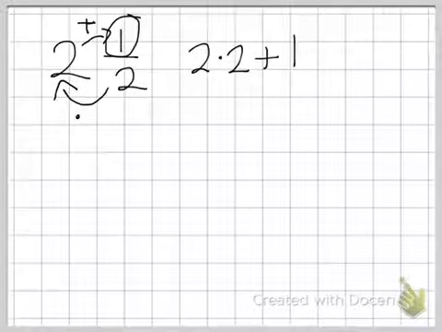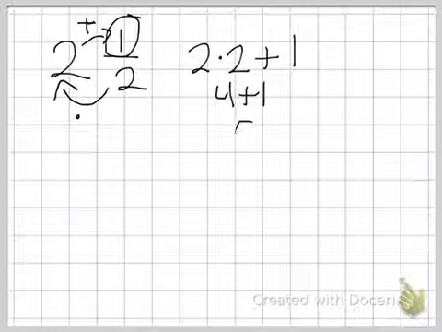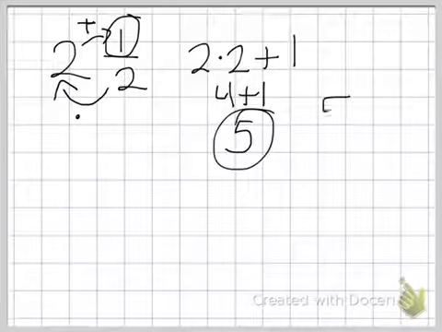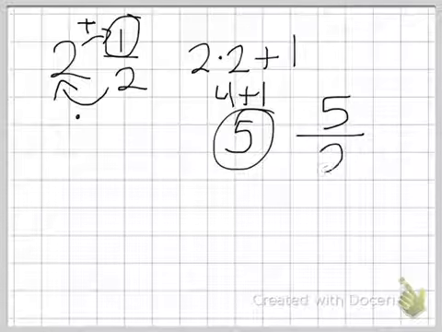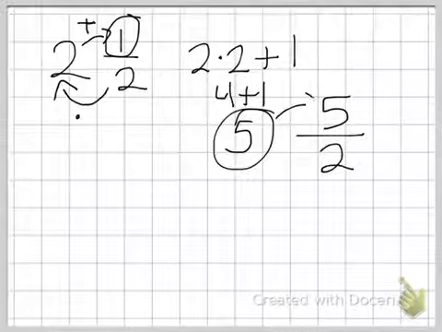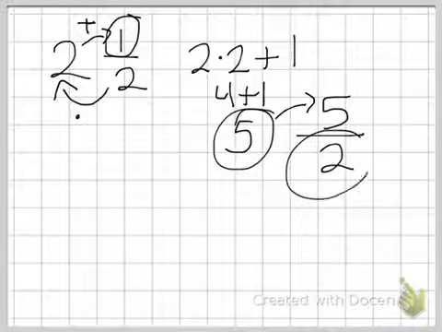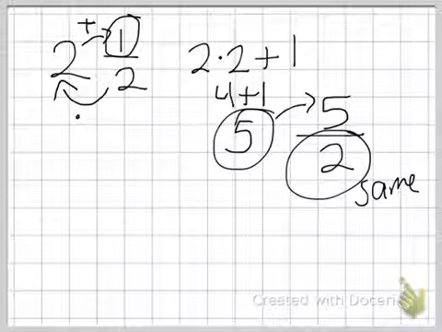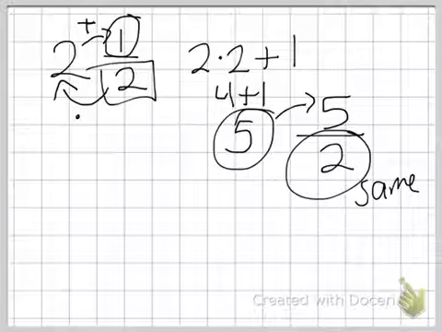So 2 times 2 is 4, and 4 plus 1 is 5. This gives us that 5 that we were looking at earlier, and our answer is 5/2. So the numerator is the answer to this problem, and the denominator actually stays the same. The denominator doesn't change at all. We use the one that was there to begin with.